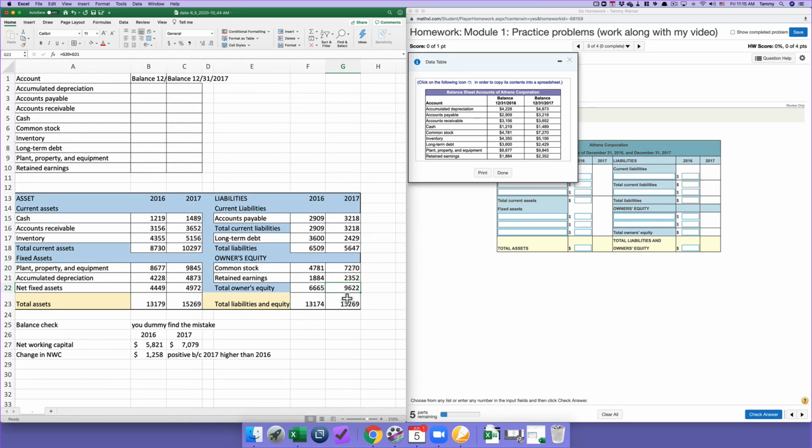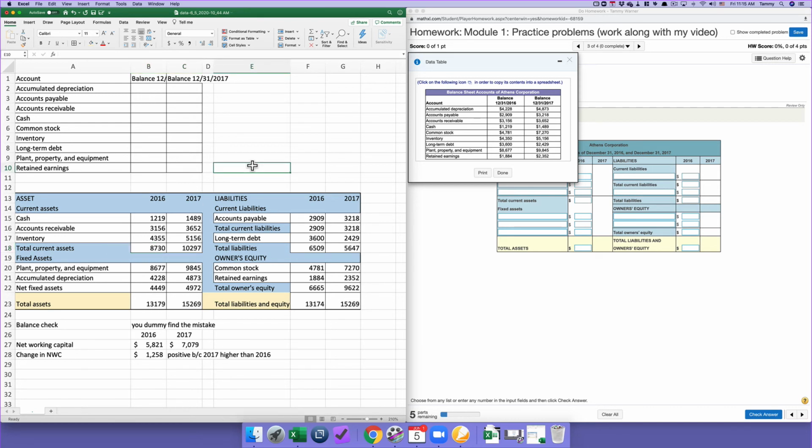Okay, now another thing that you can do once you have, remember I told you when we first set this up that you want to make it obvious which cells are for data entry and which cells are not. Now that we have calculations in a bunch of these cells, we can blue those out as well.